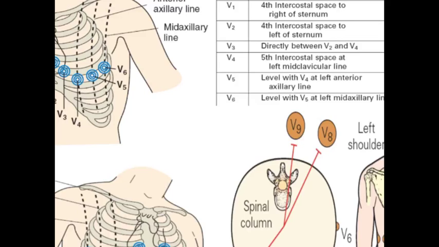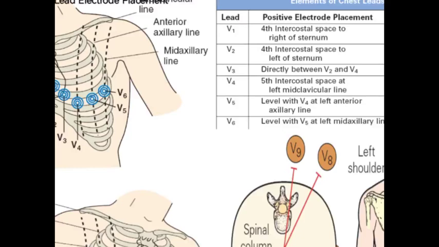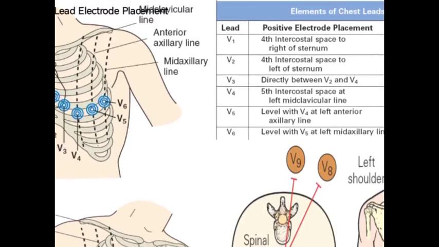This is where to put the chest leads. We call them V1 up to V6. They are 6 chest leads. We use them.